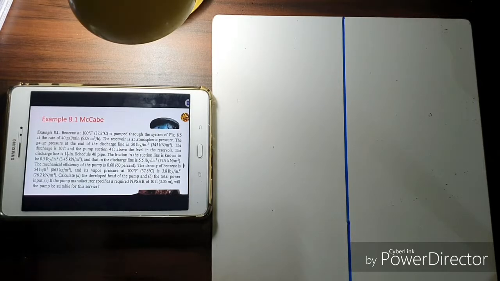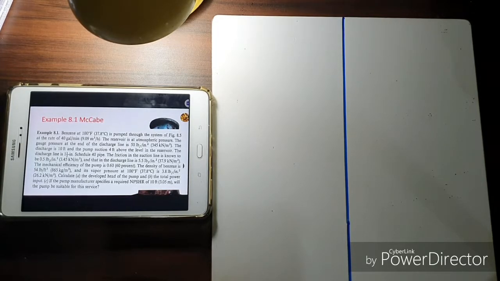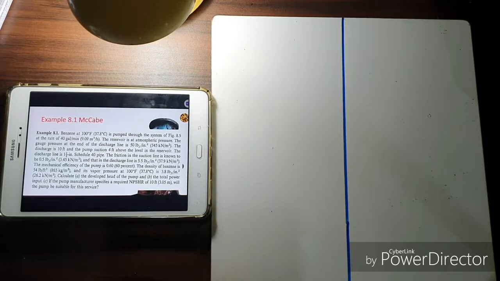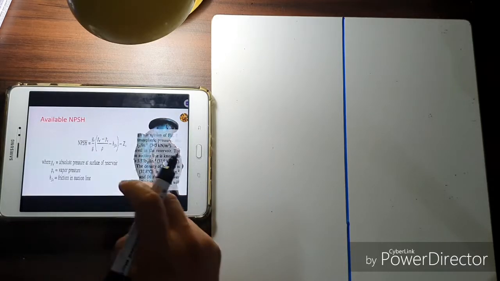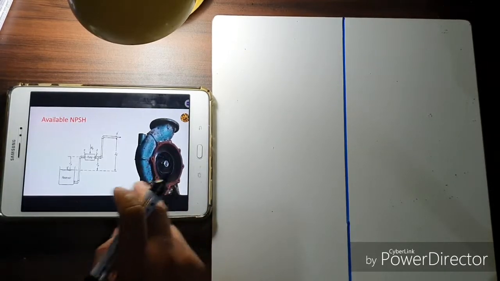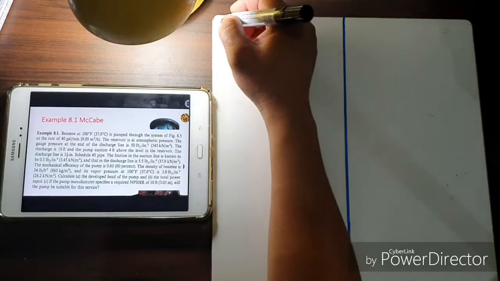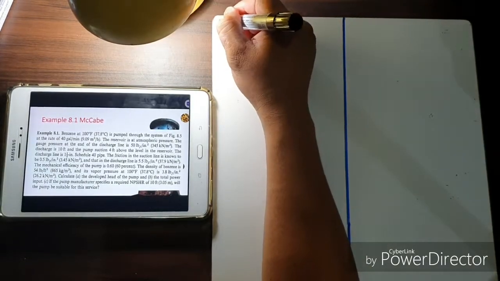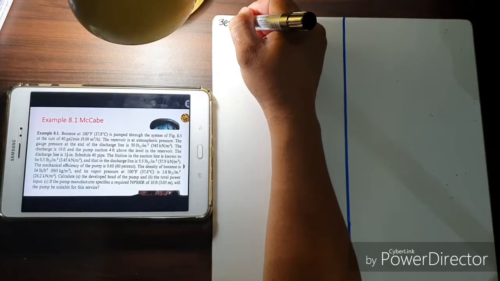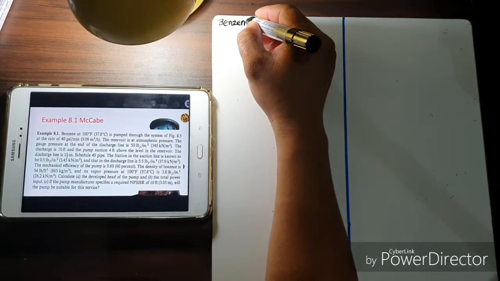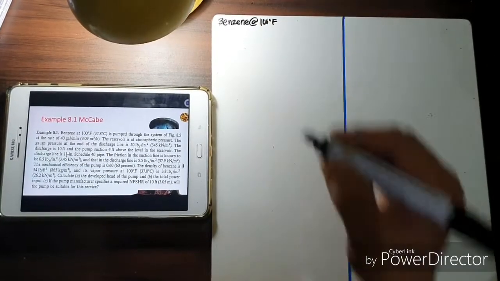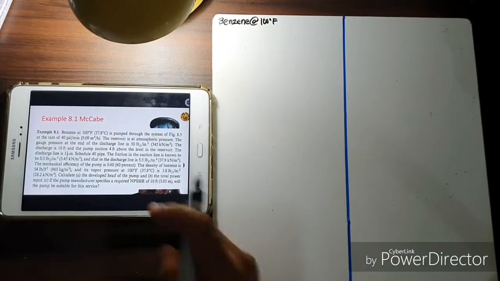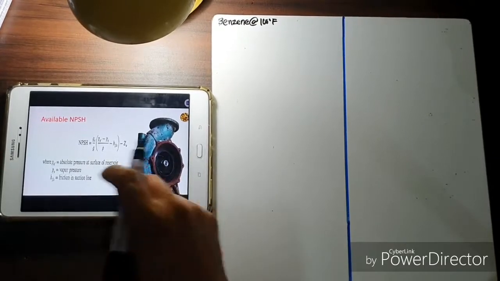Let us solve this problem. Benzene at 100 degrees Fahrenheit is pumped through the system of the figure provided for us, which is this one. So the system is similar to this one.